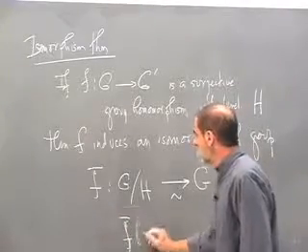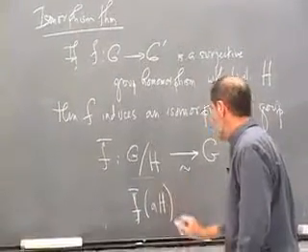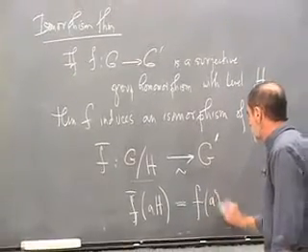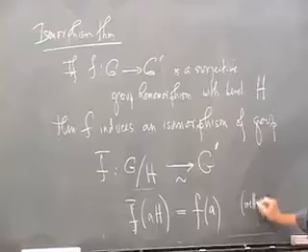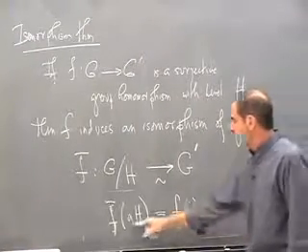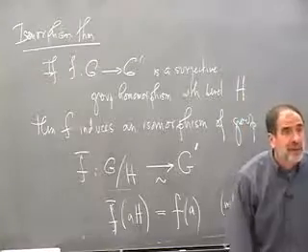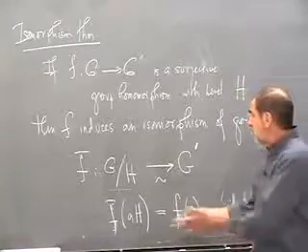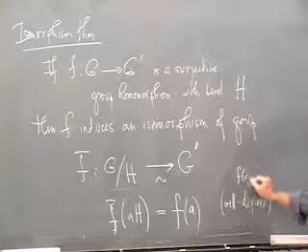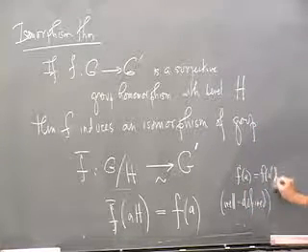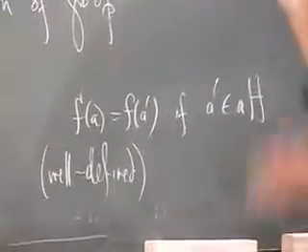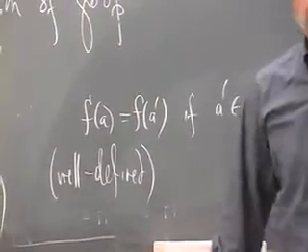And this map, F bar, of the coset AH is equal to, by definition, F of A. And you have to check that that's well defined. Namely, that the value of F is independent of what coset representative I choose. But that's just because the kernel of F is H. So F of A is equal to F of A prime if A prime is another element in AH.